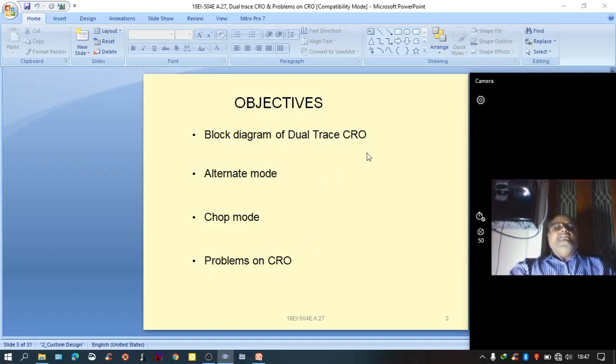Basically, a dual trace oscilloscope is an oscilloscope used to produce two different traces of two separate input signals which are given to the same vertical amplifier, and using different modes such as alternate mode and chop mode, we can see the visual display of both the signals on the CRO screen.